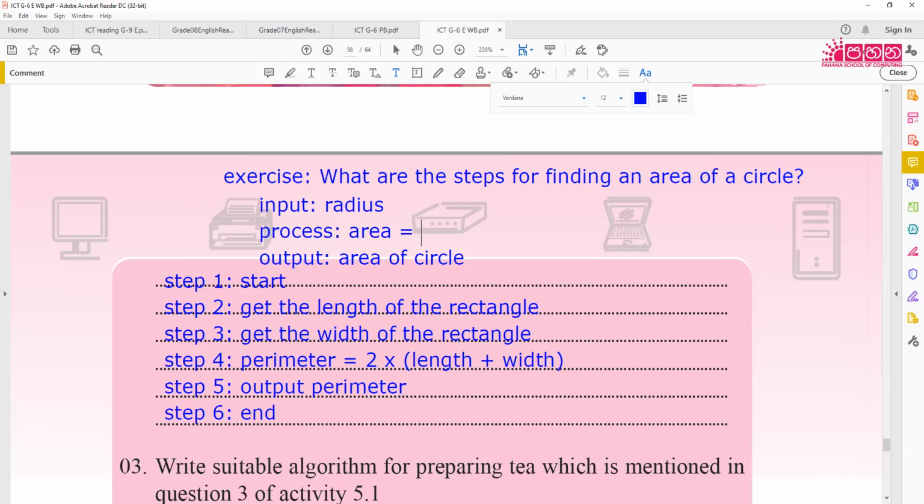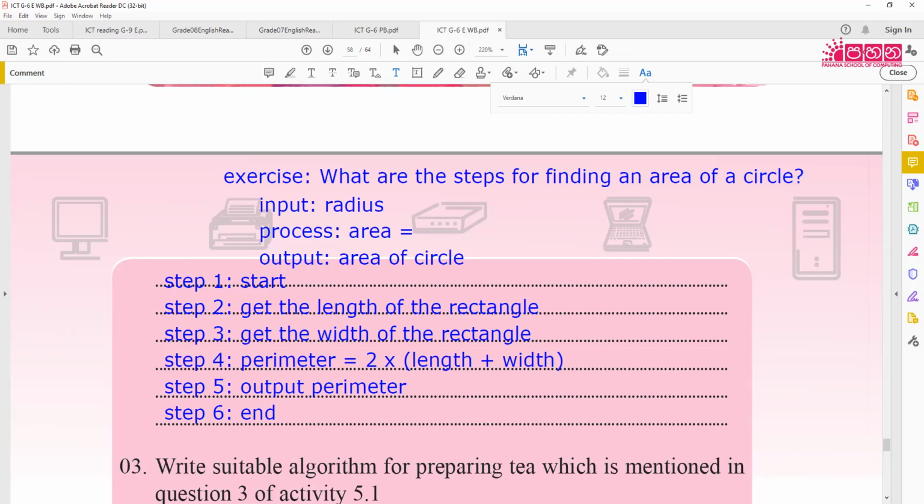You don't know? Have you done in mathematics? Have you learned like how to find area of a circle? No, it's only the perimeter of the circle. Only perimeter. Okay, okay. Right.